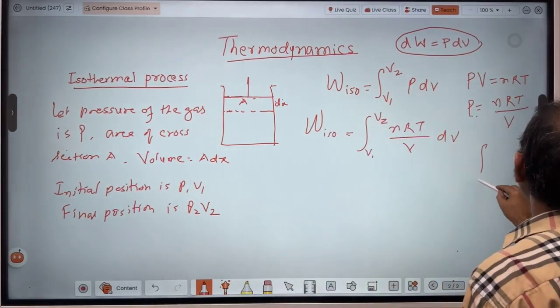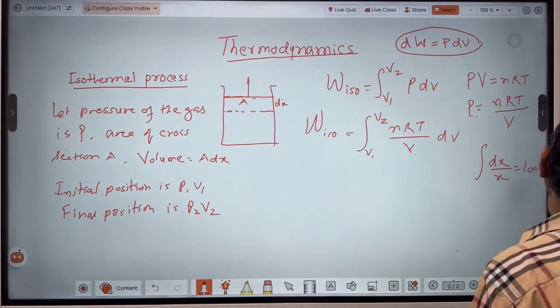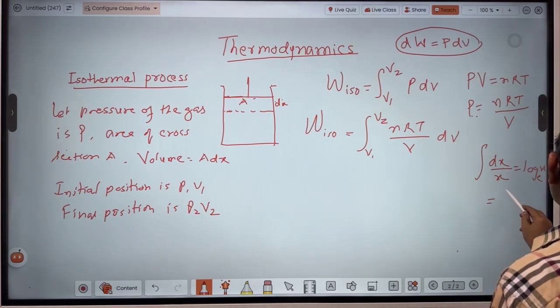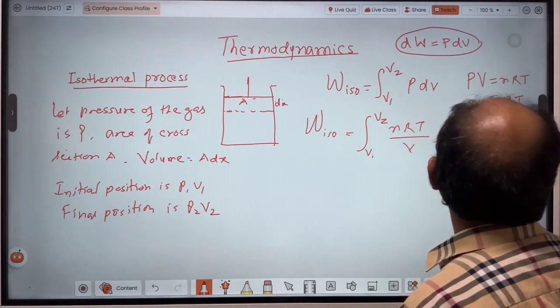Now integration, if you remember, integration dx upon x gives log x. Here log has base e, that is also written as ln x, right? So log base e x equal to ln x.